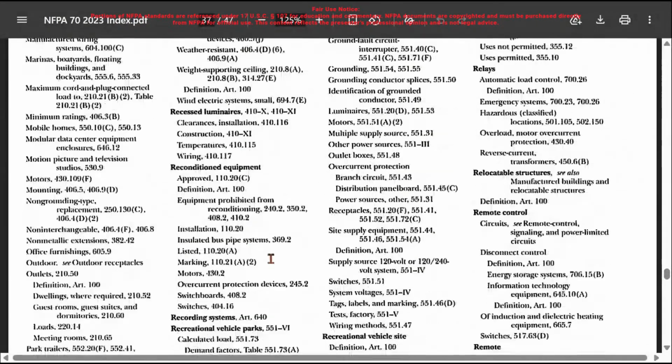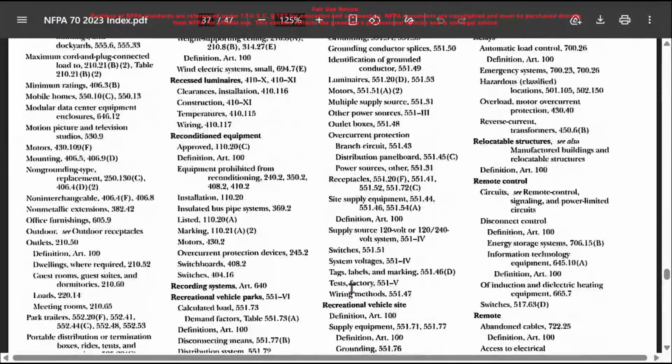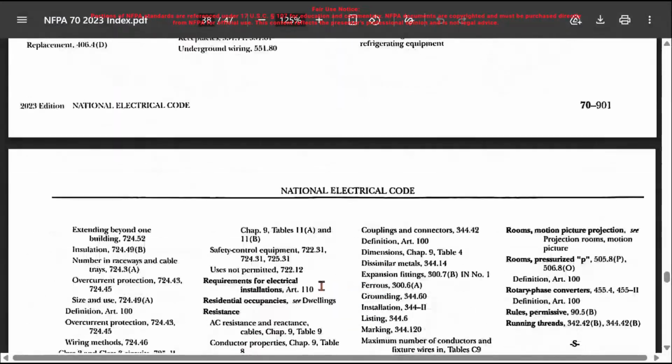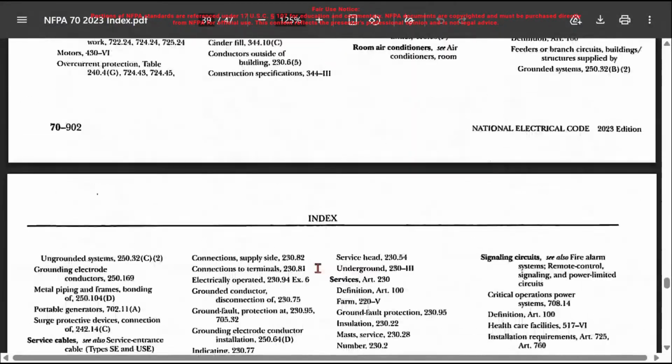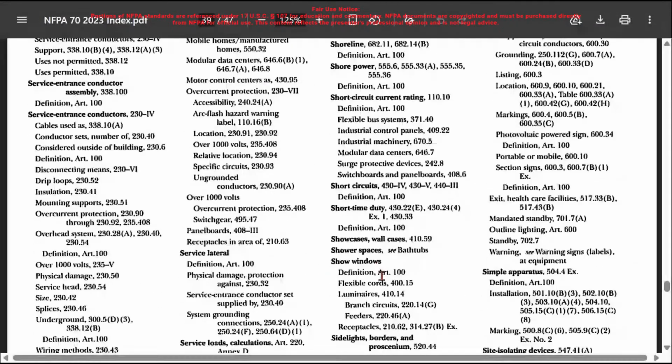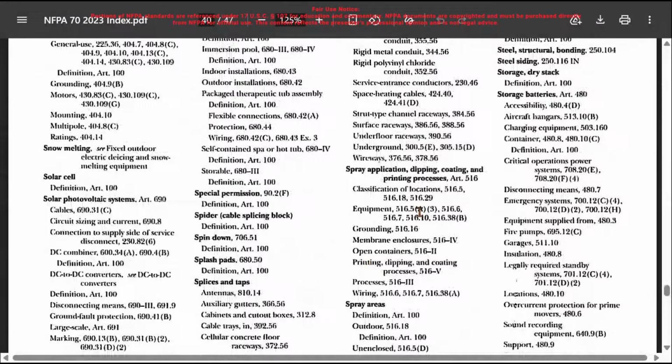All right, so we're down, and let's get on down in here. Okay, so I'm going to look under storage. So here we go, storage batteries right here, 480. Now I'm looking at all these underneath it and seeing if there's anything in here.